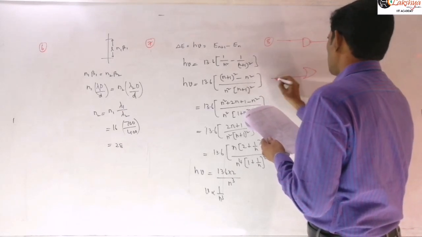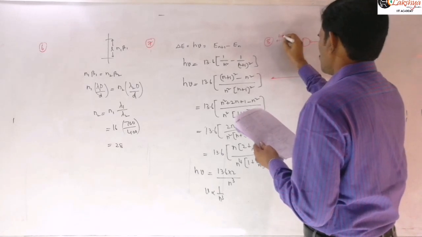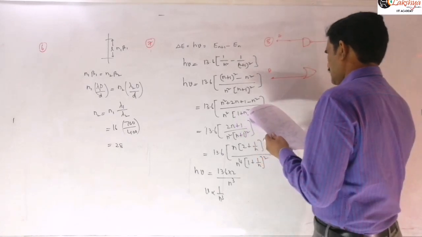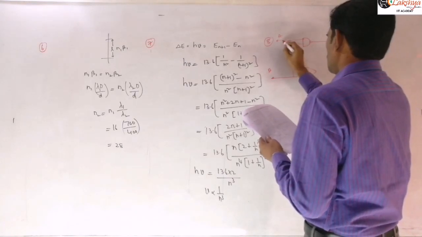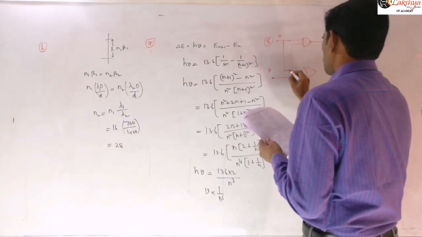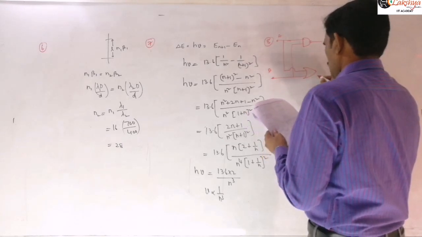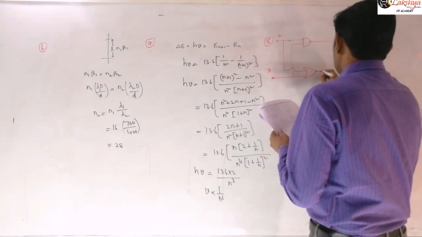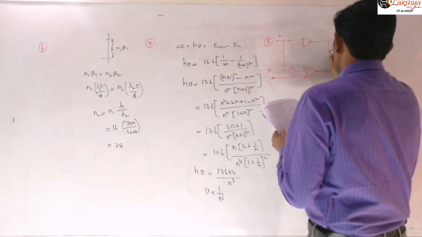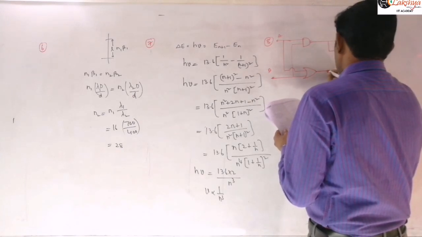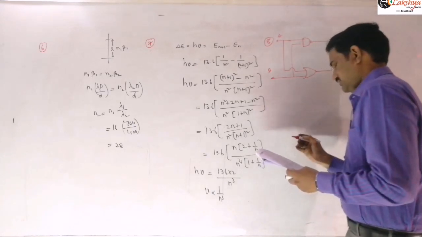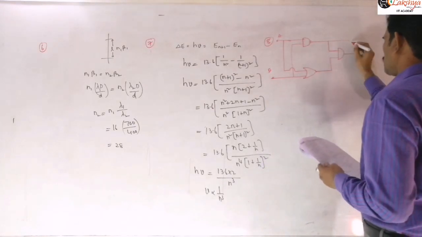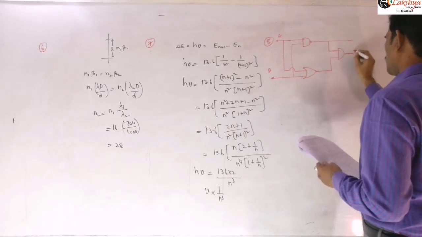This is A and this is B. And from here this input B is taken to this, and from here another A input is given to this. And now the inputs from this and from this are fed to another AND gate here, right? And this is connected to a NOR gate finally.